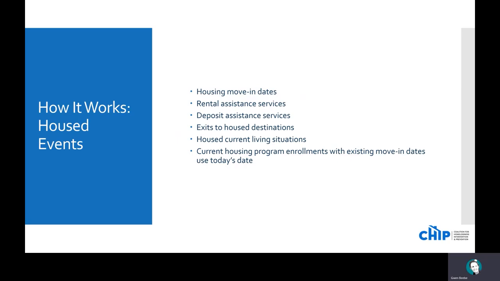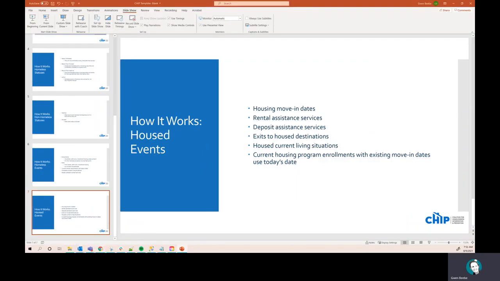If you exit any kind of program to a housed destination, that counts. We know they were housed. If we have a current living situation that says they're housed, we'll pull that in. And just like we're pulling in current shelter enrollments for homelessness, we'll pull in current housing program enrollments with move-in dates for housed vets. So let's take a look at how this works in action.